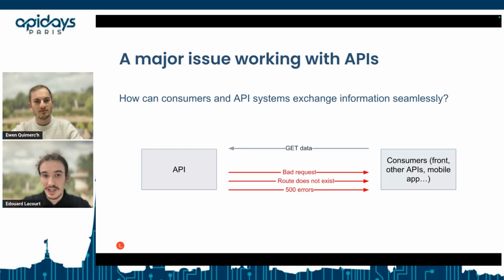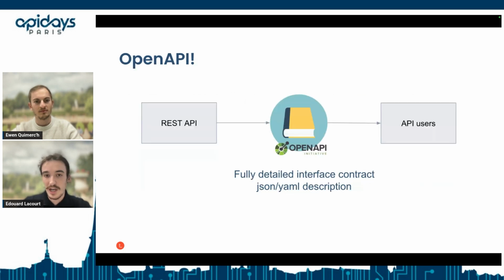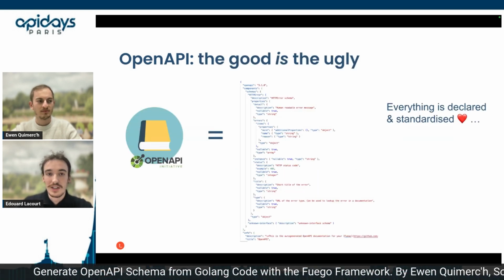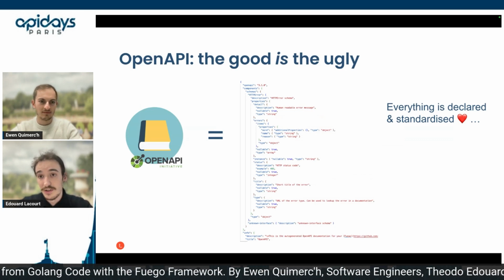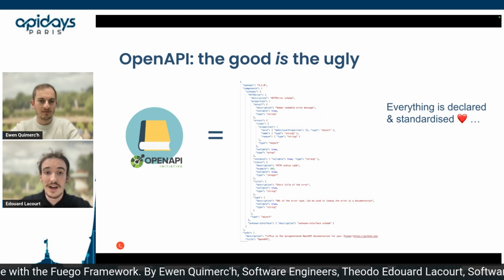There is a standard for that called OpenAPI. The OpenAPI Initiative aims to fully detail the interface contract of REST APIs. And it can take several formats, such as a JSON or YAML description. The description is well standardized.